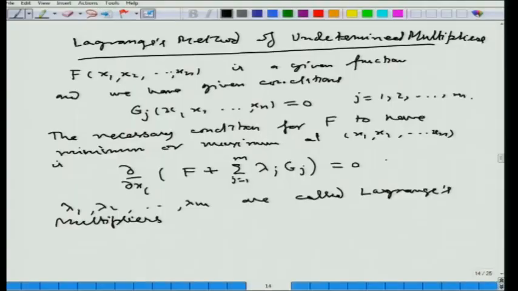Then the necessary condition is that we should have these, i equal to 1, 2 to n, n conditions satisfied at the point x1, x2, ..., xn where f attains minimum or maximum. Here the points x1, x2, ..., xn are to be found, and also these lambda 1, lambda 2, ..., lambda m are to be found in this process.